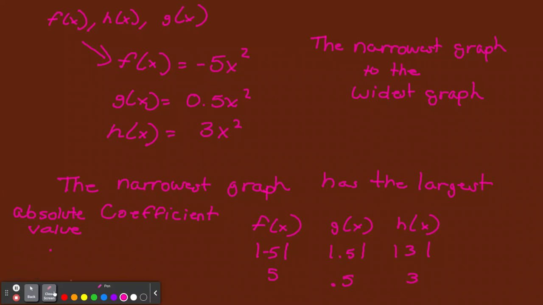All right, let's do one more question. Let's clear that out. Why don't we use white? Why not? So let's say you had, let's make sure our pen's working. Let's say you had 3x squared plus 7x minus 6 plus 2x cubed.